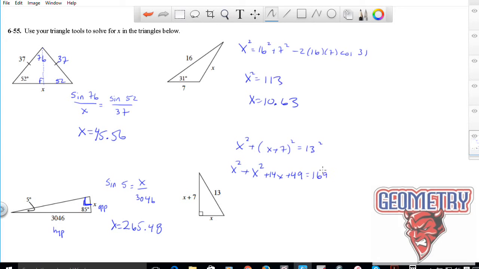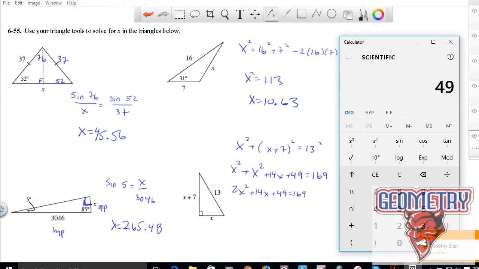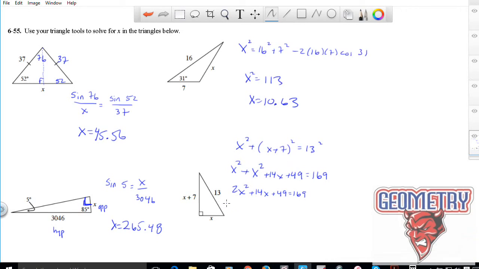And 13 squared is 169. So we do some simplifying here. We get 2x squared plus 14x plus 49 equals 169. I'm going to move this 169 to the other side, which is negative 120. So we get 2x squared plus 14x minus 120 equals 0.